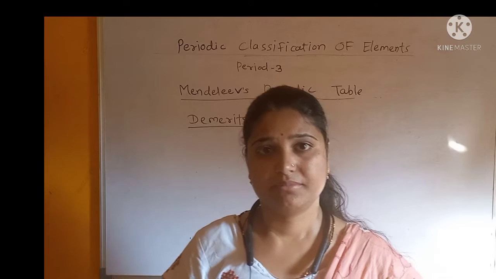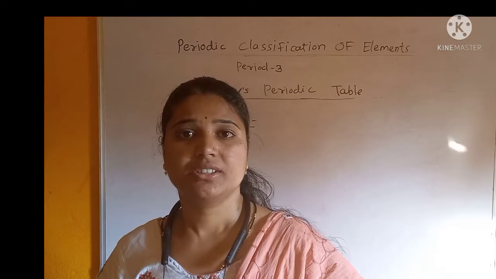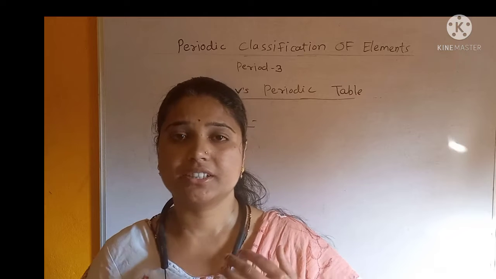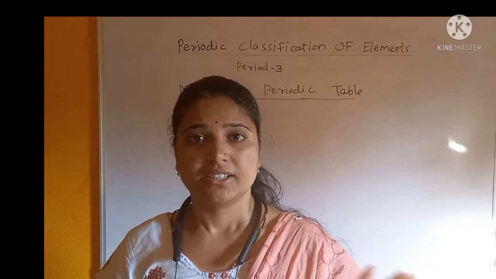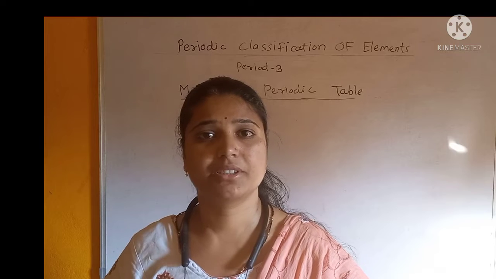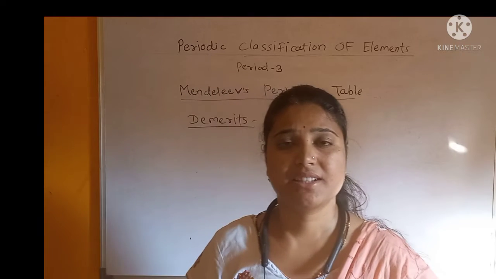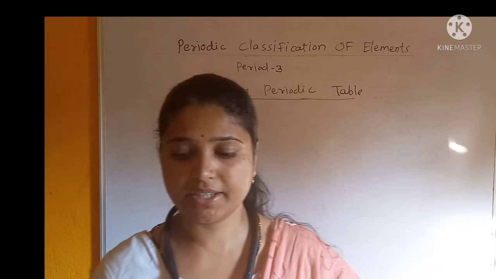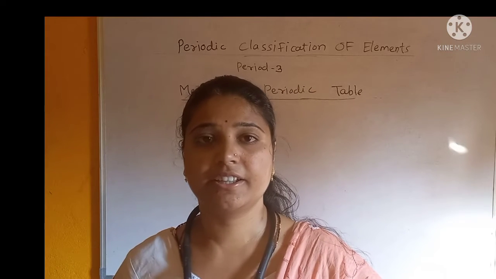Firstly he arranged the elements in increasing order of atomic mass number, but there is also a demerit in this arrangement. The atomic mass numbers are not uniform, and hence there is some ambiguity regarding the sequence.